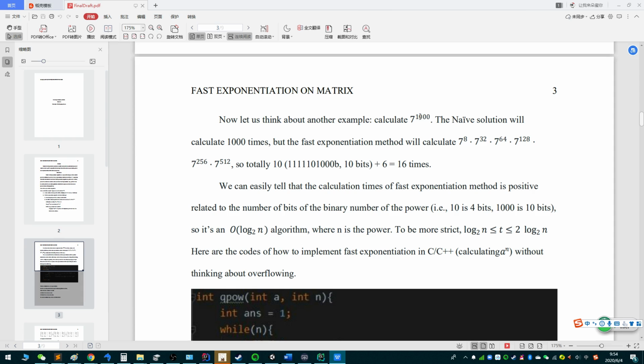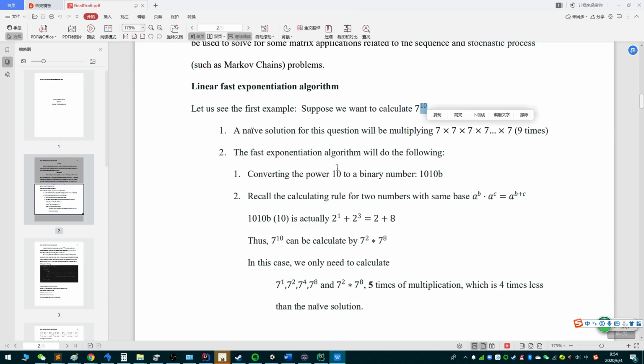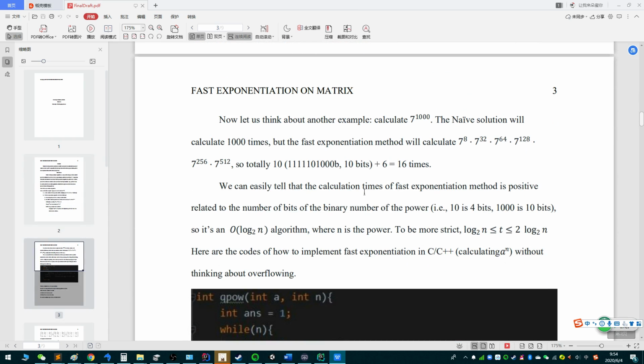Let's say 1000 here is 10 bits, and the 10 before is 4 bits. The time complexity will be big O of log 2 n.